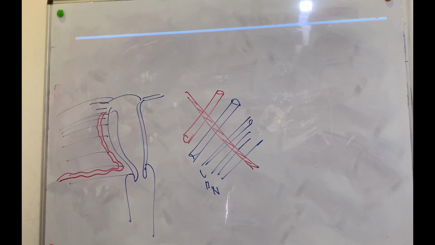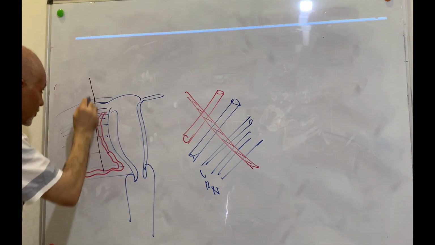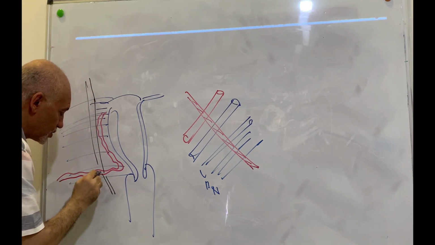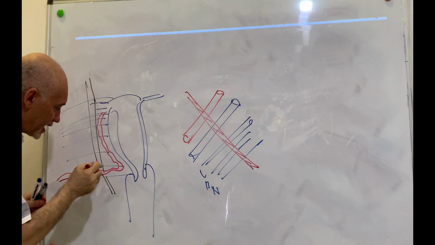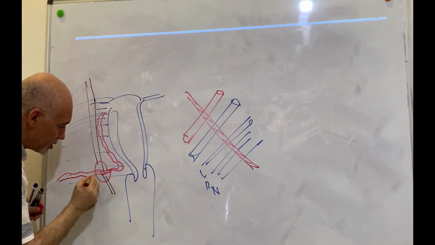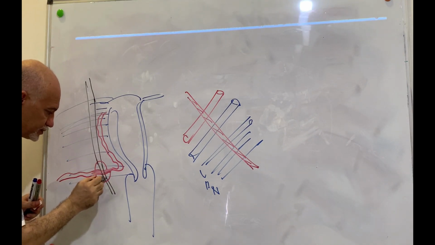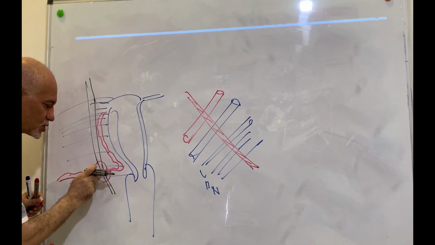The ureter descends from above downward. So in this area, the uterine artery crosses in front of the ureter.